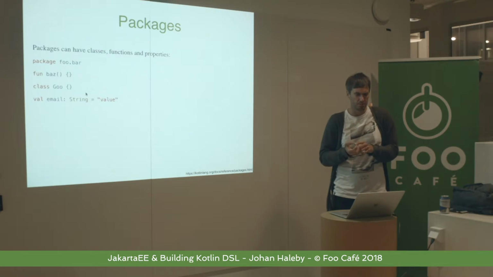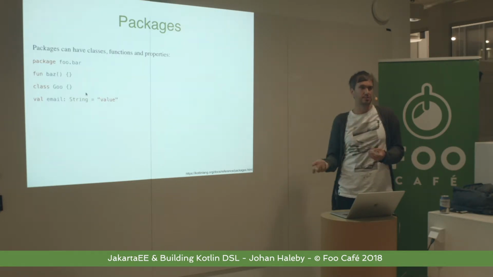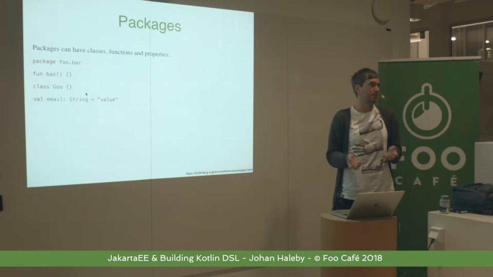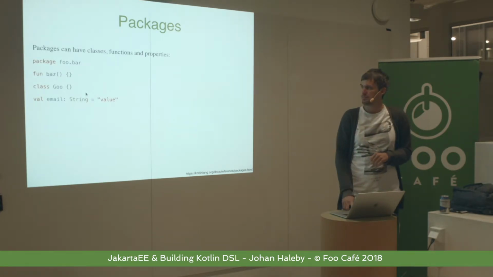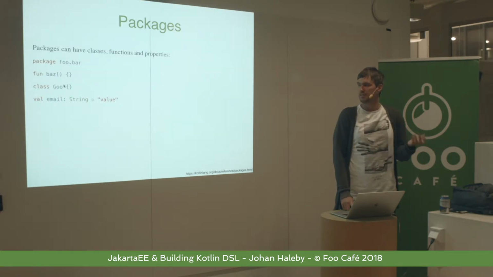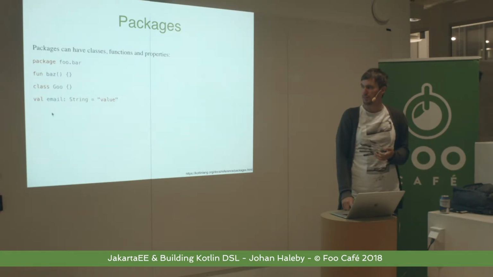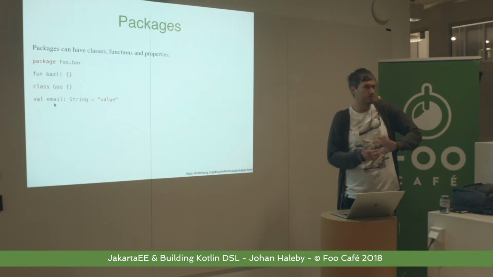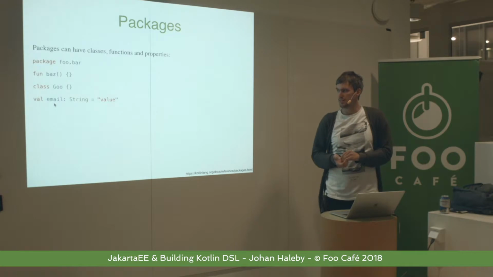But often you don't need a class. So in Kotlin, you can just put functions inside a package. You don't need a class, and you can have multiple classes and multiple functions, of course, and also properties directly. They don't have to belong to a class. I think this is really good.